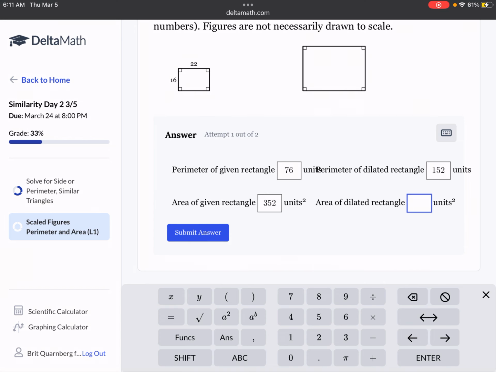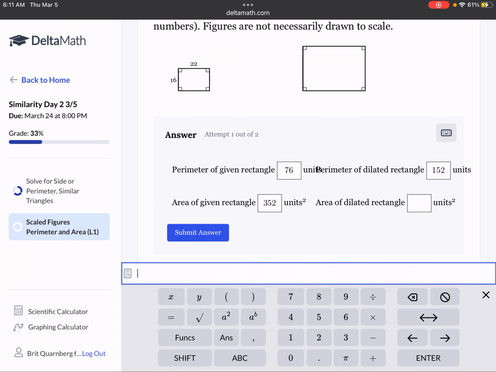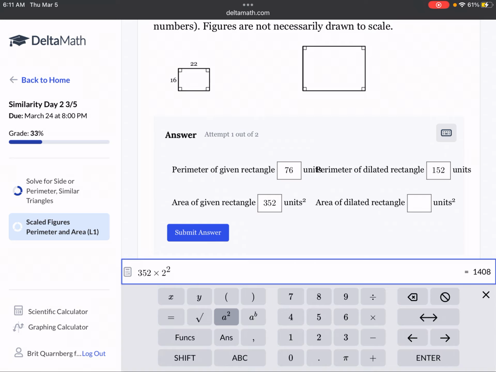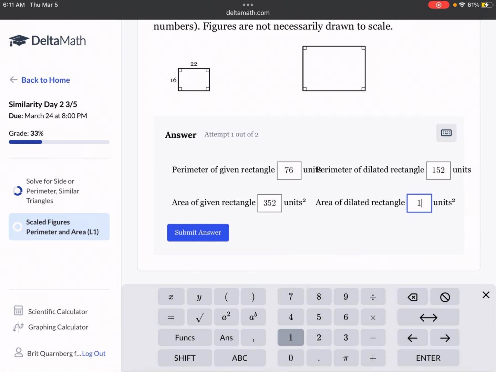But for the area, I'm going to take the original area, so 352, and I'm going to multiply it by that scale factor squared. Because it's 1 for the length, 1 for the width. So 1,408 units.